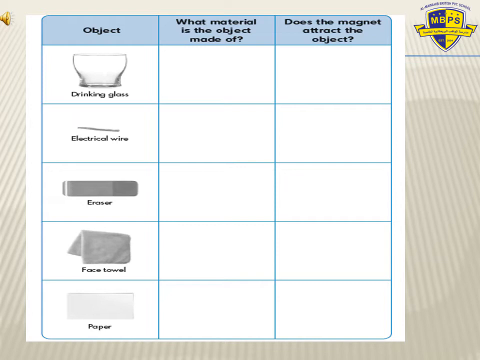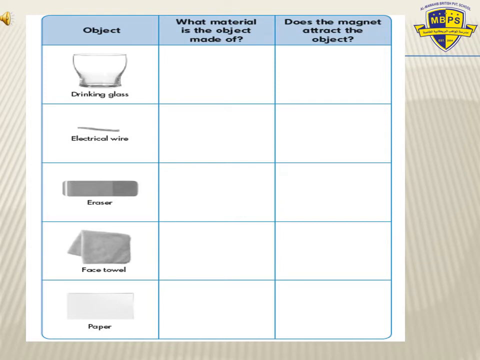We have objects and we want to know what materials the objects are made of, and whether the magnet attracts the objects. As you can see, these objects: drinking glass, electrical wire, eraser, face towel, and paper.